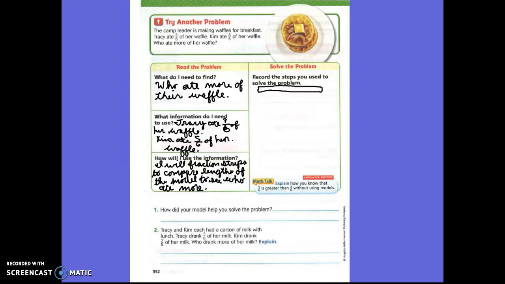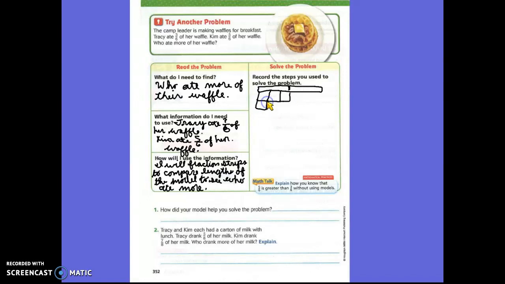Okay, first thing we're going to do is draw the fraction strips. So we have the 1 whole right here. Then they're supposed to be split into 6. I'm just going to make it up though. We have Tracy with 3/6. 1, 2, 3. I'm trying to make it as even as possible. And then we have Kim who ate 5/6.